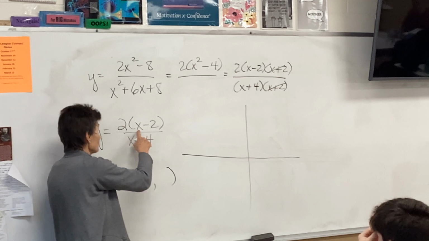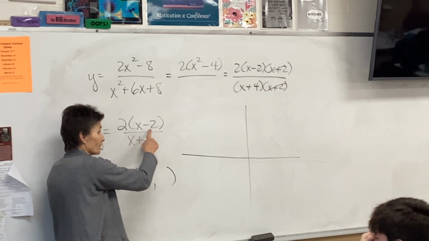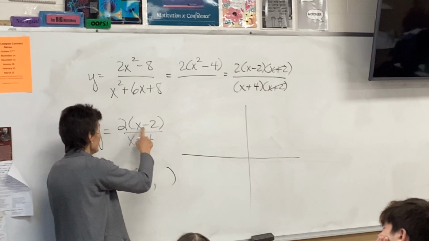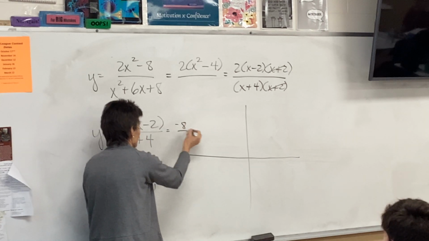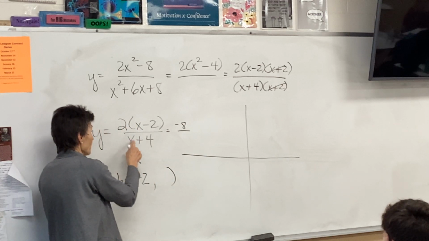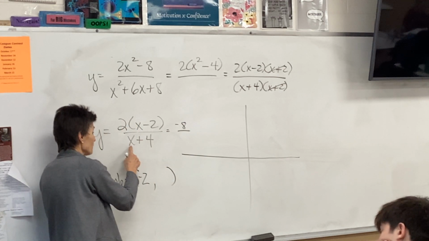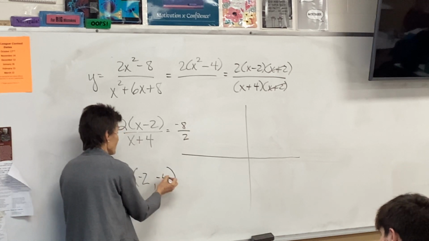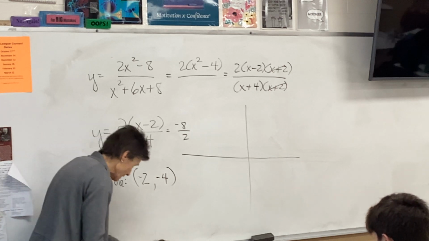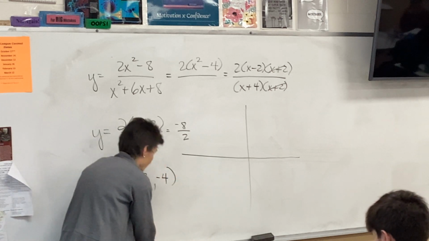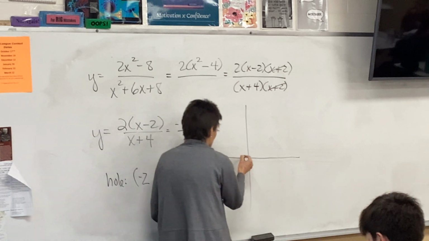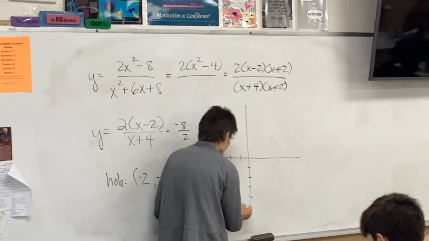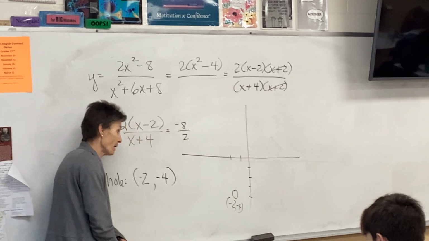So what's -2 minus 2? -4 times 2 is -8. And then I'm putting in -2. So now -2 plus 4 is 2. So that's going to give me a y coordinate of -4. So -2, -4 is my hole.